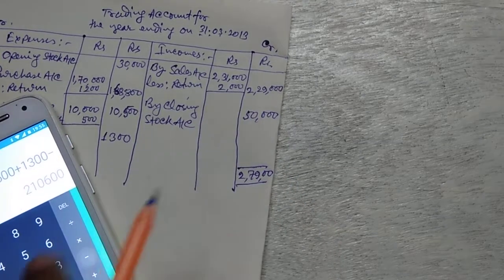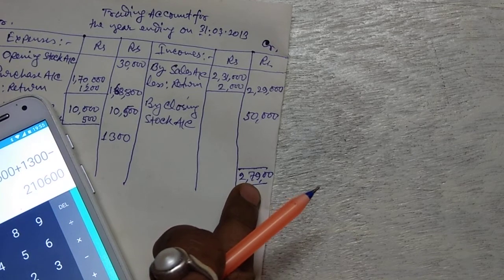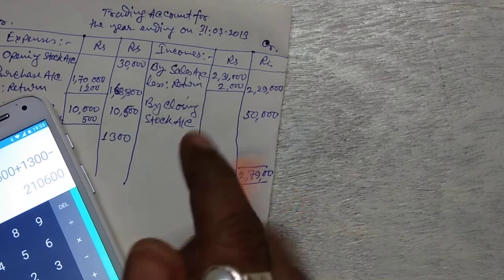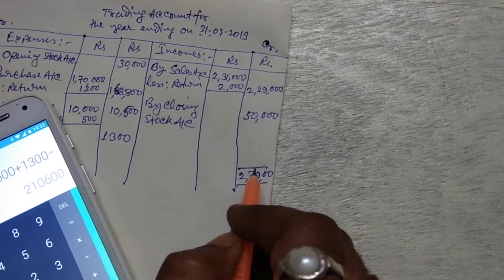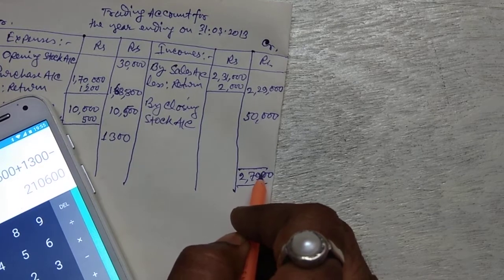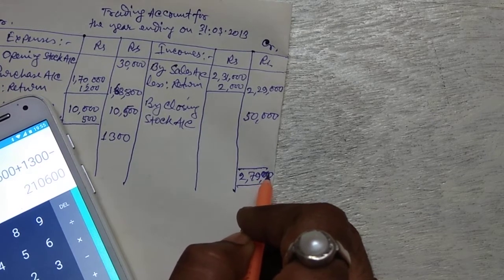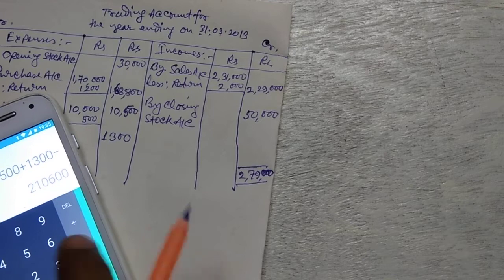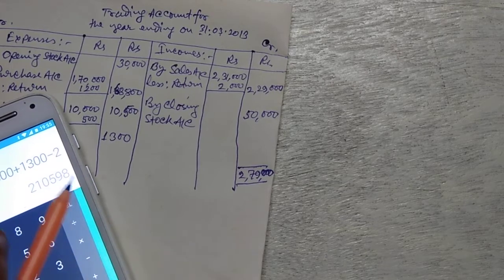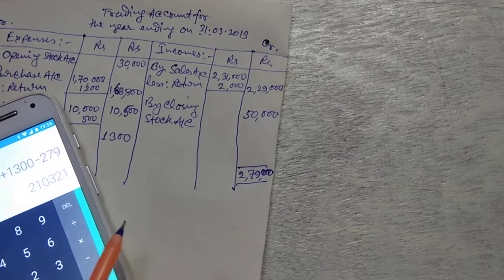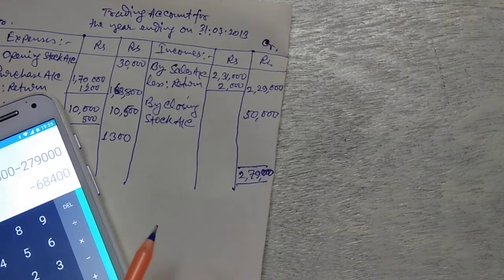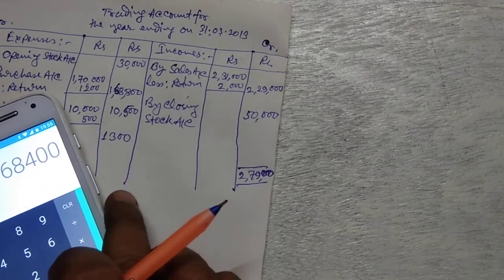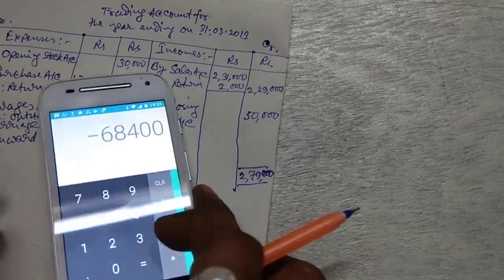That should be deducted from this figure, 2,79,000. 2,79,000 minus 2,10,600 equal to 68,400. 68,400 is our profit, that is gross profit.